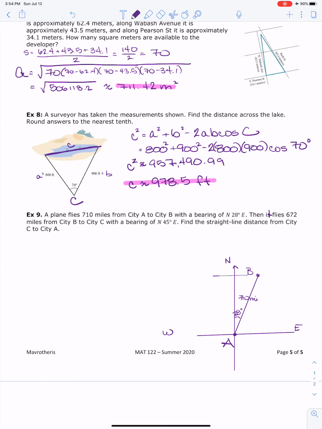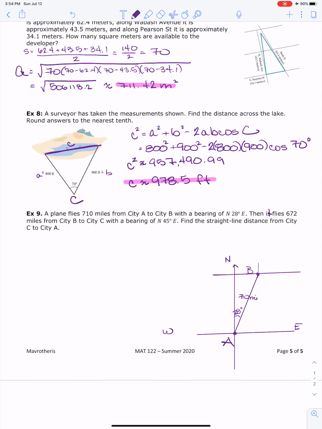From city B, I'm going to go ahead and draw in a second set of axes. We've got north, again this direction, 45 east. And here's my city C. And we've got 672 miles along this one.